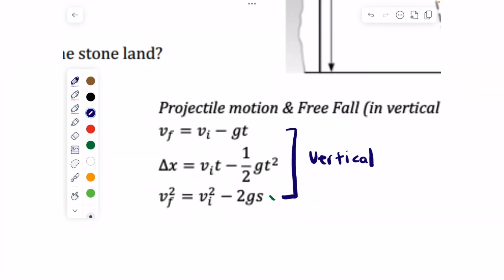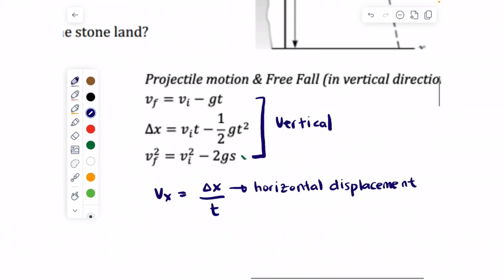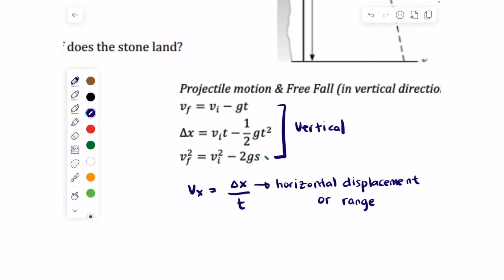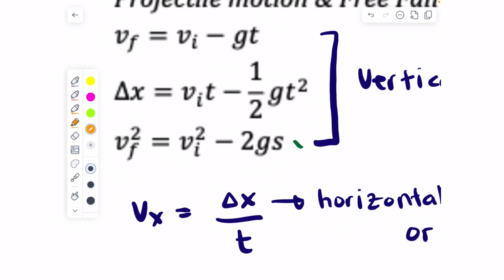The only equation that we can use for the horizontal component of the projectile's motion is Vx is equal to delta x over time, where delta x here is the horizontal displacement, or it is also known as range. So once again, these equations here are all related to the vertical. So we have vertical velocities, and this x right here is actually vertical displacement, and it's also similar to the s here. This is also vertical displacement.